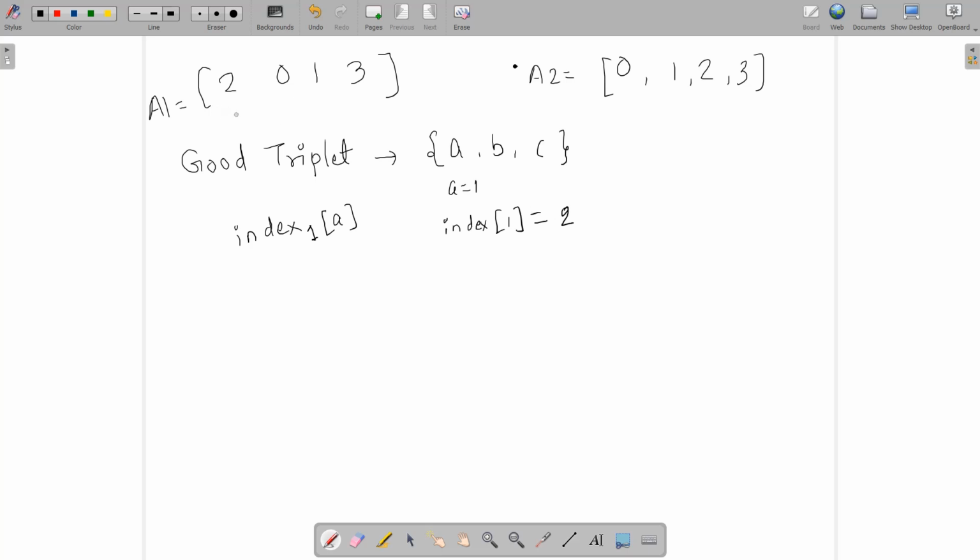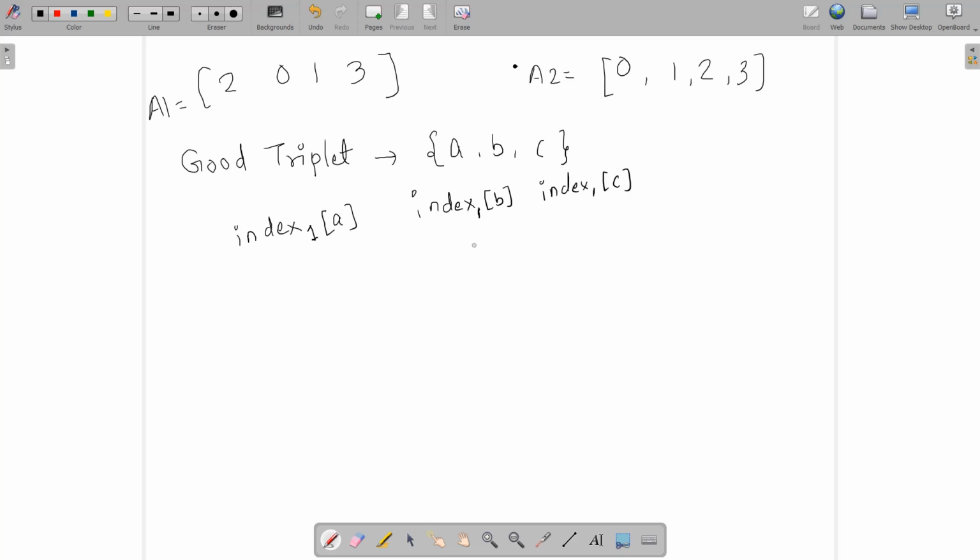If you consider 0 based indexing, 0, 1, 2, 3, the index of the value 1 is 2, right? So index 1 of A we would be having, and we would be having index 1 of B, and also we would be having index 1 of C.